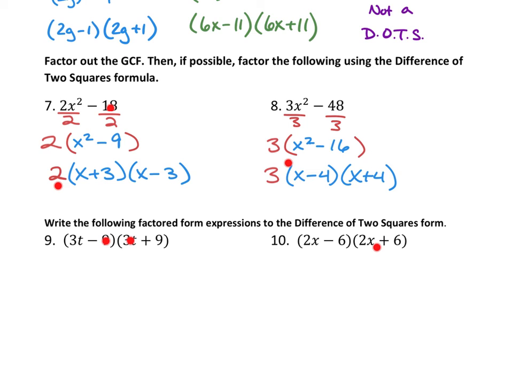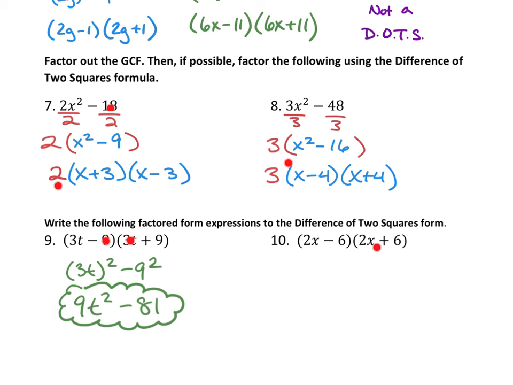Instead of having to actually multiply all of these out using FOIL or Punnett squares, I'd be able to think, okay, this is like 3t squared minus 9 squared, because it follows the pattern. 3 squared is 9, t squared is t, and 9 squared is 81. I'm essentially working backwards.